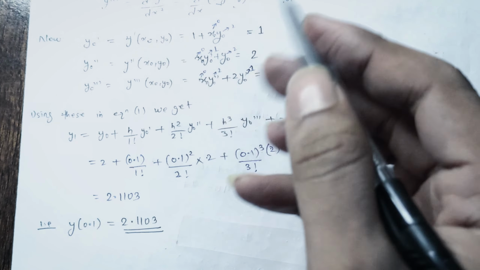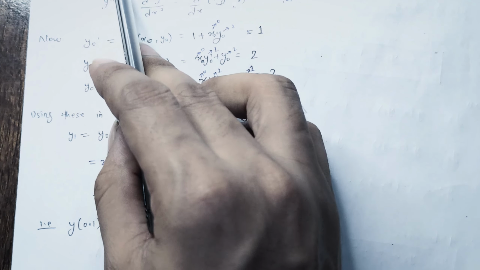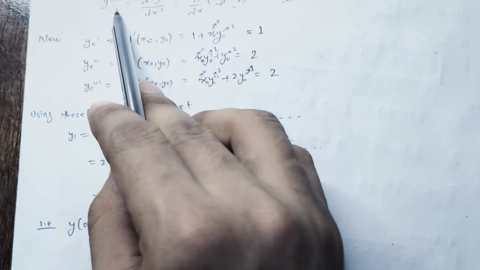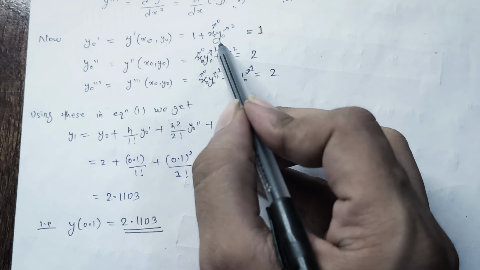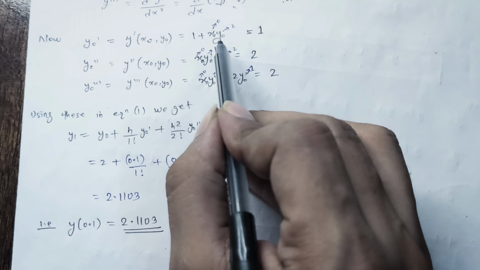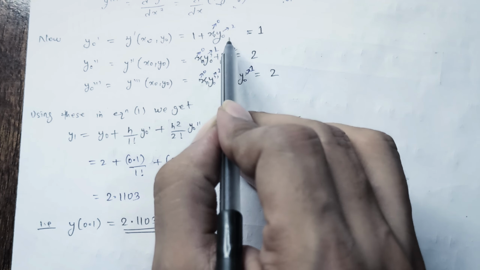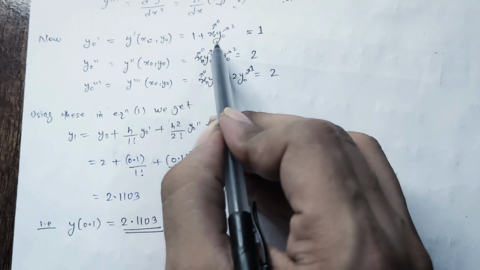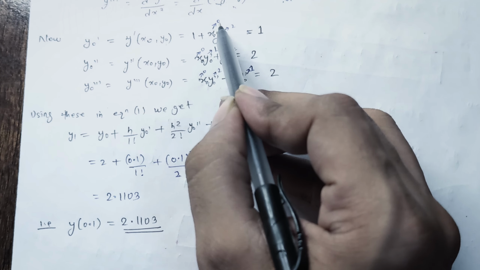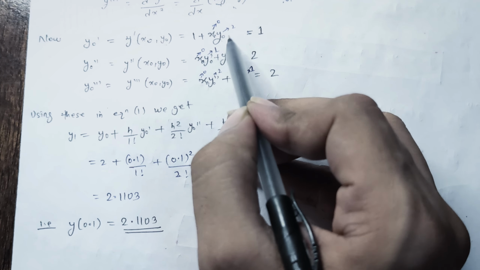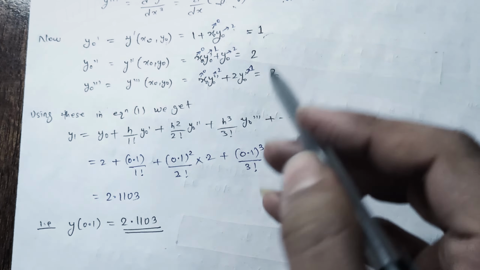We have already found the expressions, so we just change x into x0 and y into y0, and then put in the values. The first one is 1 + xy, that is 1 + x0y0, where x0 equals 0 and y0 equals 2, and 0 into 2 is 0. So 1 will be the answer here.